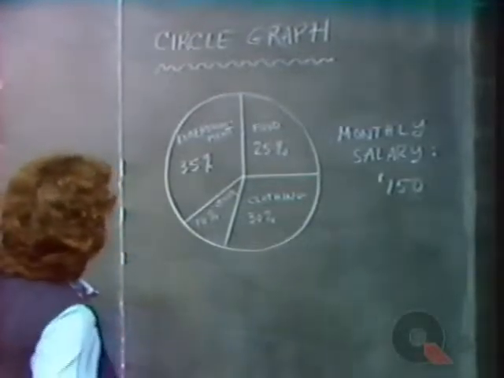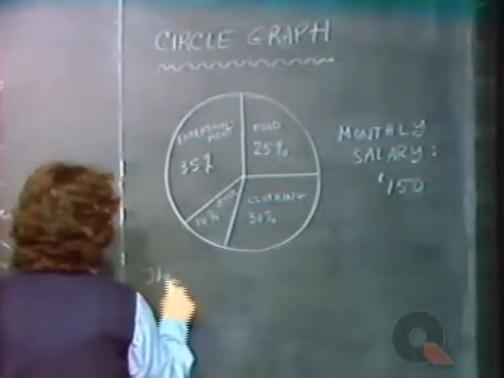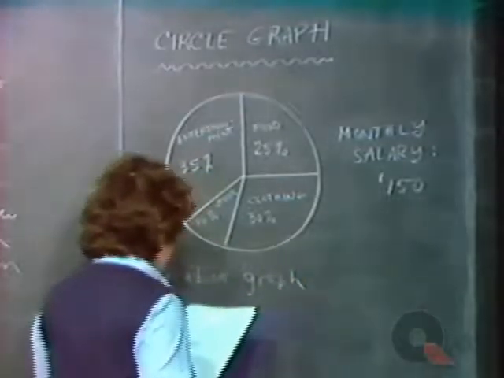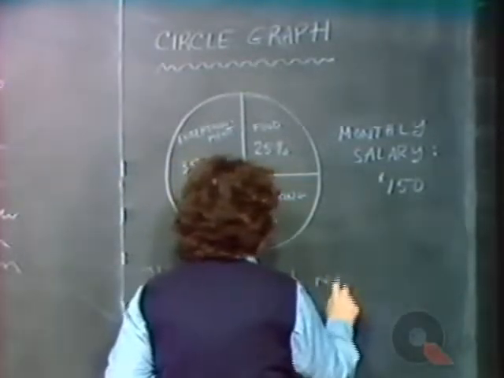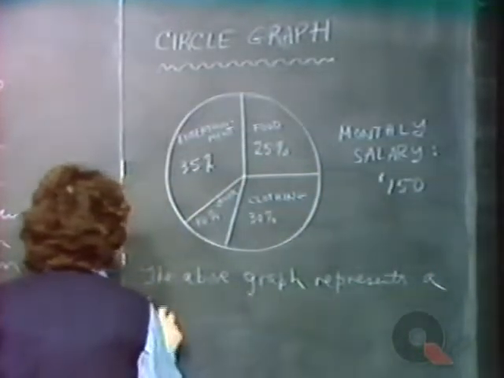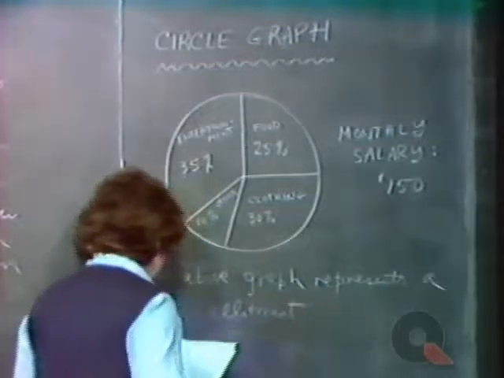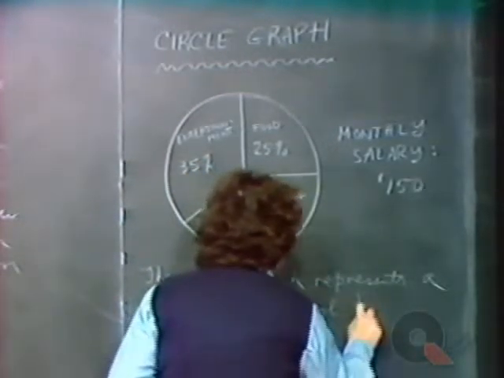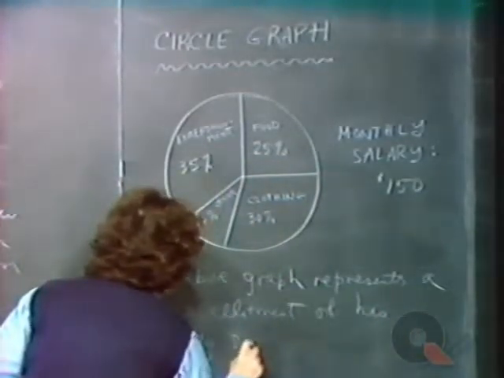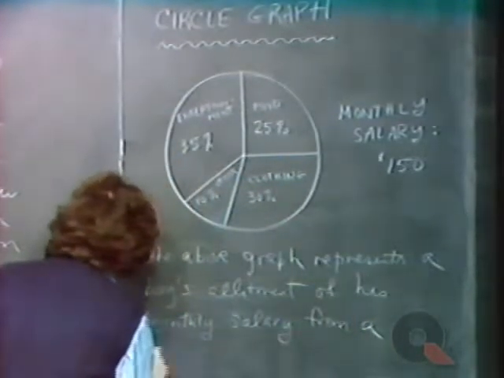The graph that I have drawn over here, the above graph, and I'm going to give you a moment to copy it. The above graph represents a boy's allotment of his monthly salary from a part-time job.